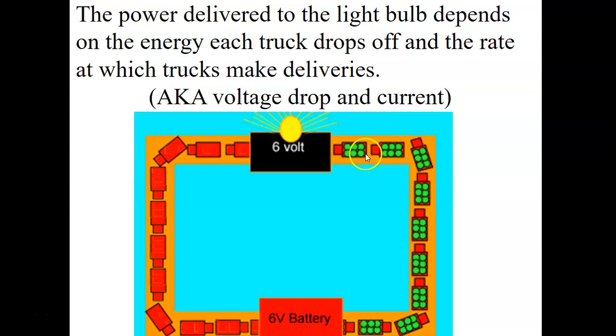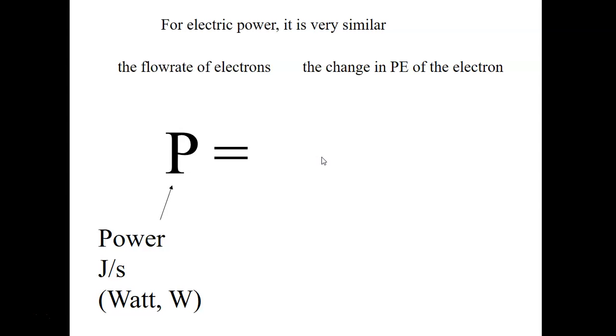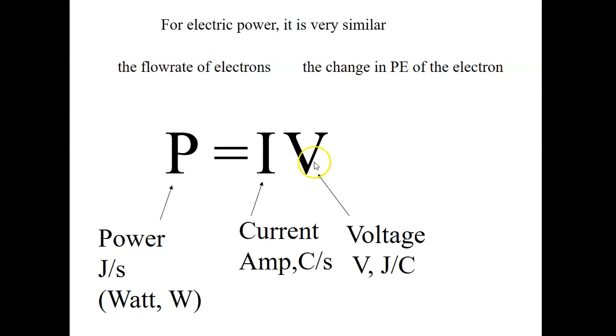The more green barrels each truck carries, the faster energy would be being delivered, aka voltage drop, or voltage. So those are the two factors that come into play with our power equation, which is P equals IV, okay, PIV.